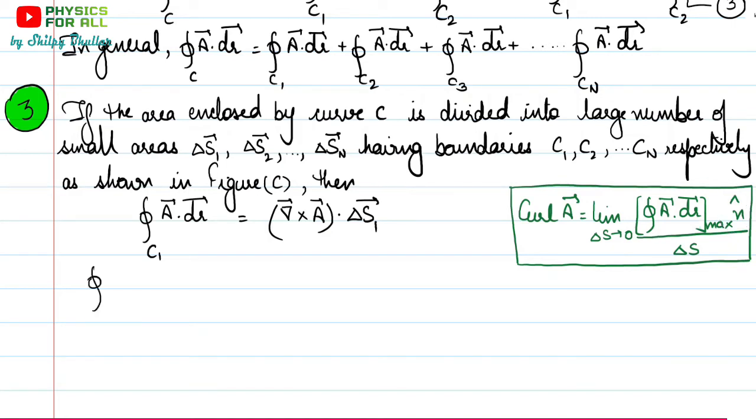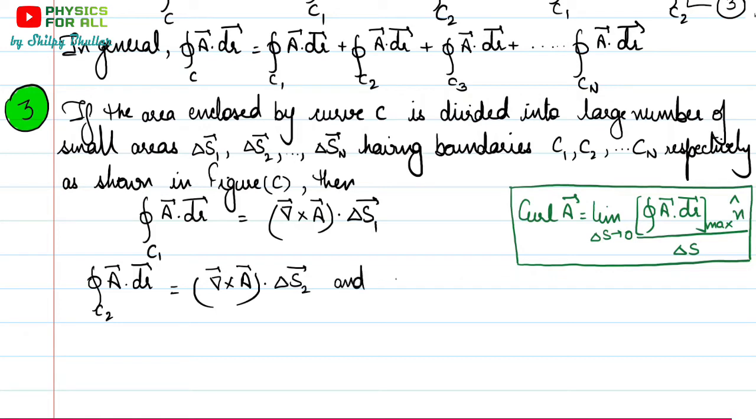Thus we can write that for C2, the line integral of A along curve C2 would be equal to the curl of vector function A dot product with the surface S2 whose boundary is C2.